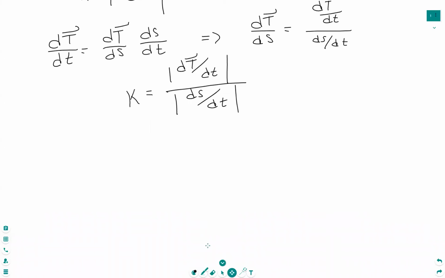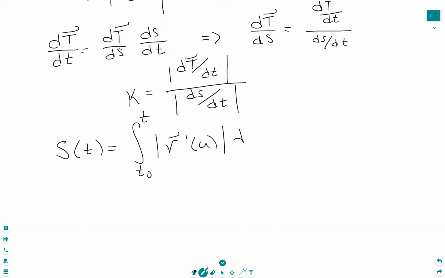So note that I can write down the arc length at a given time that starts at some location, which we'll call t naught, and goes out to t. Remember, arc length was the integral of the speed of the particle, and we can't use t again here, so we'll use just some dummy variable, u, du.